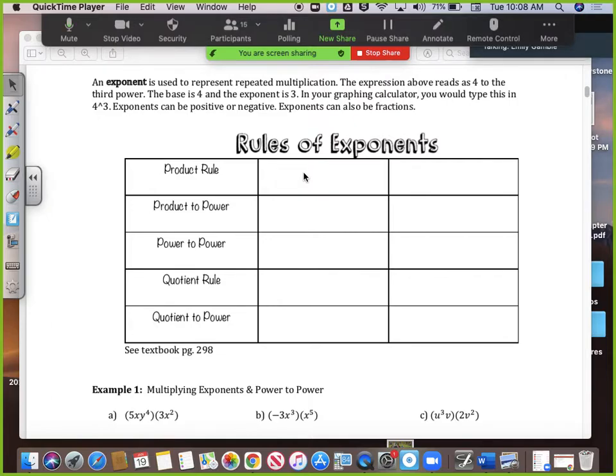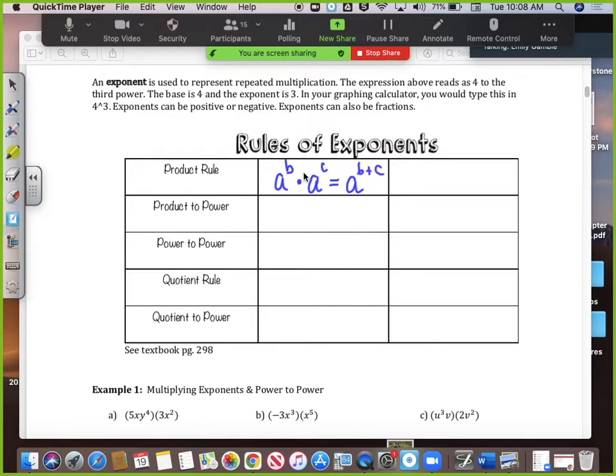The product rule for exponents means if you have a number with a base a and an exponent of anything, I'll say a to the b power, and you're multiplying it by something with the same exact base but the same or a different exponent, what you can do to simplify is take that same base and add the exponents together.